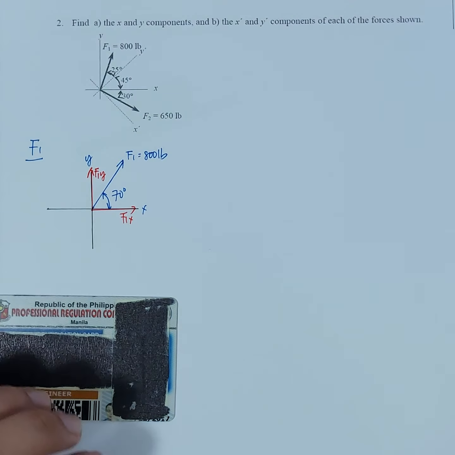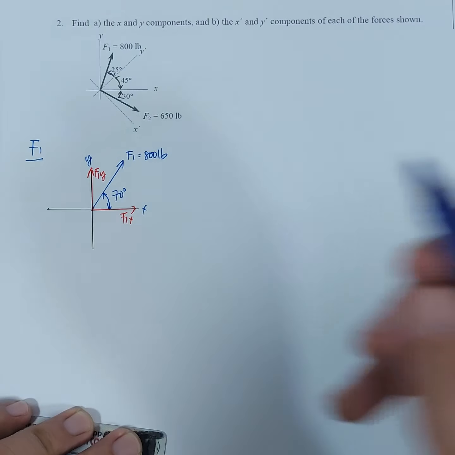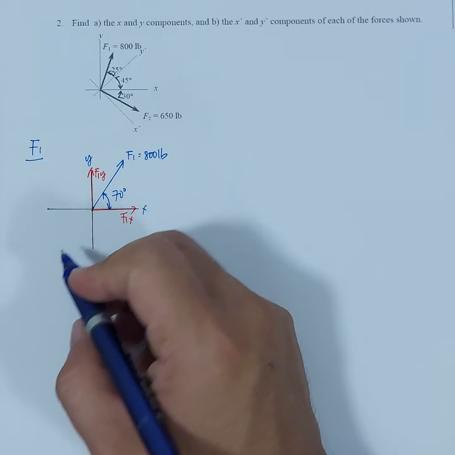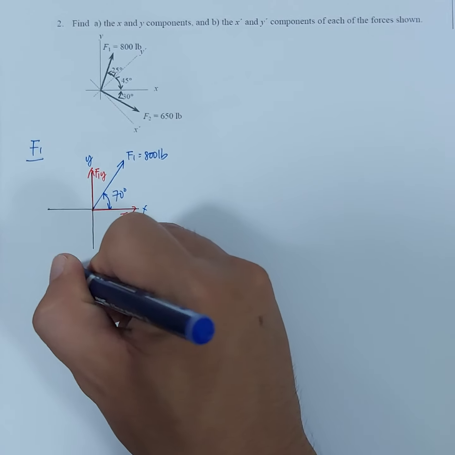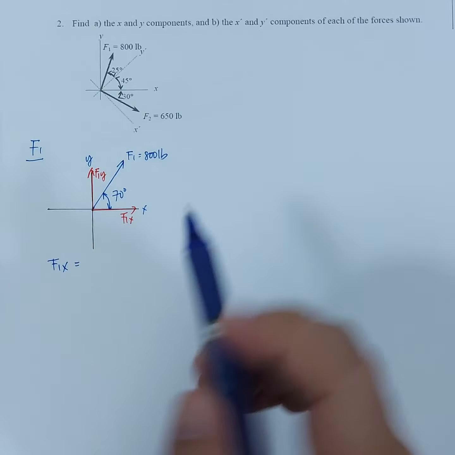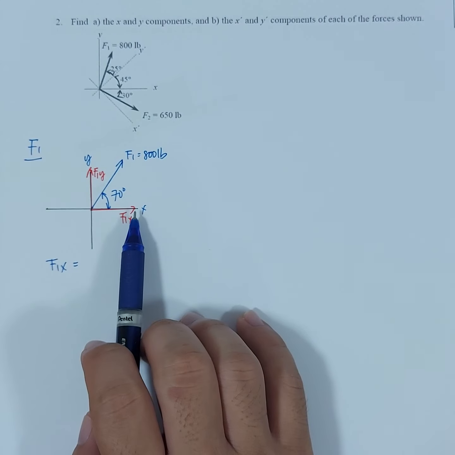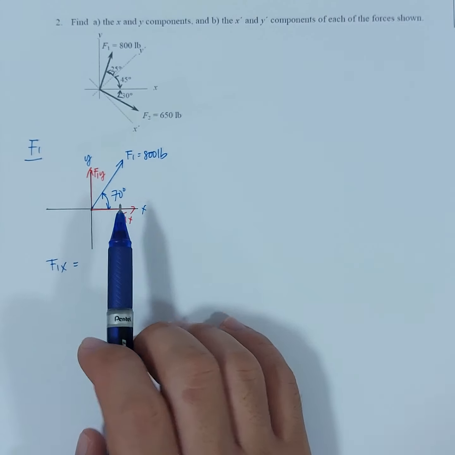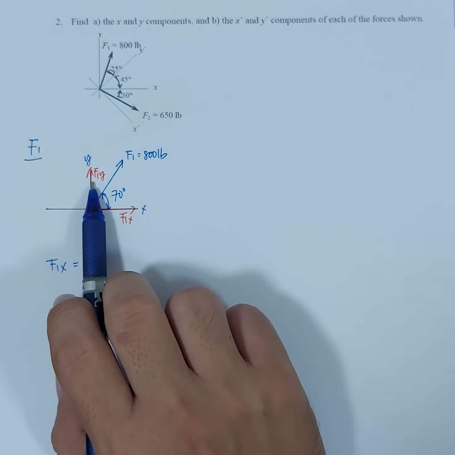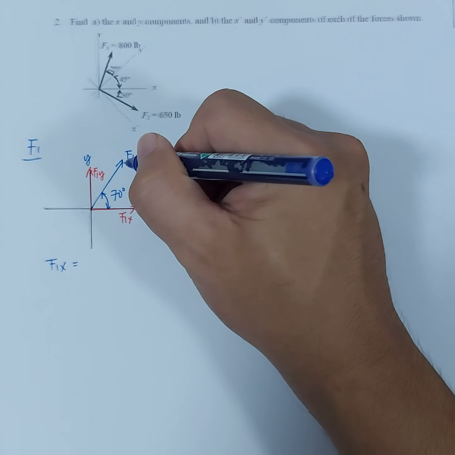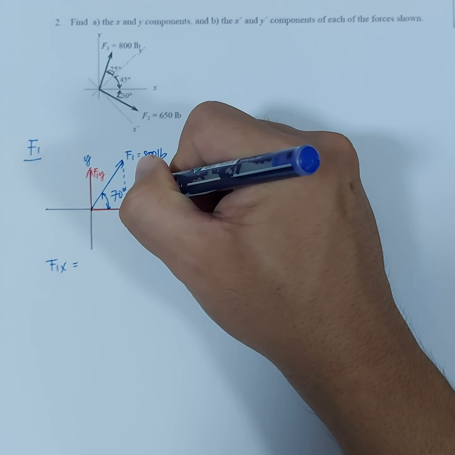So to solve for F1x, this component is the adjacent side of the triangle. By the way, you can transfer this here, and we're going to form a force triangle.